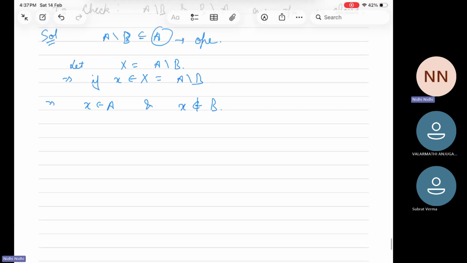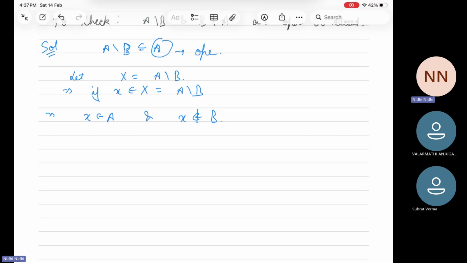Now we will use the fact that A is open.